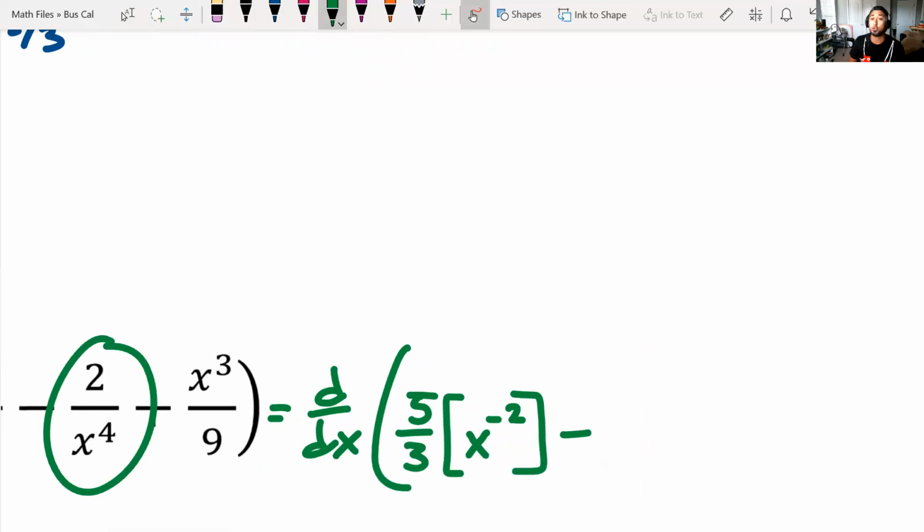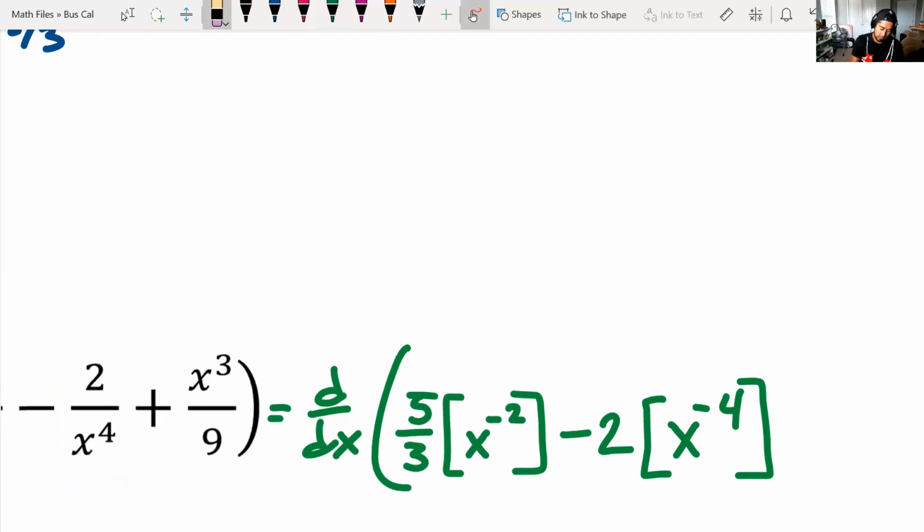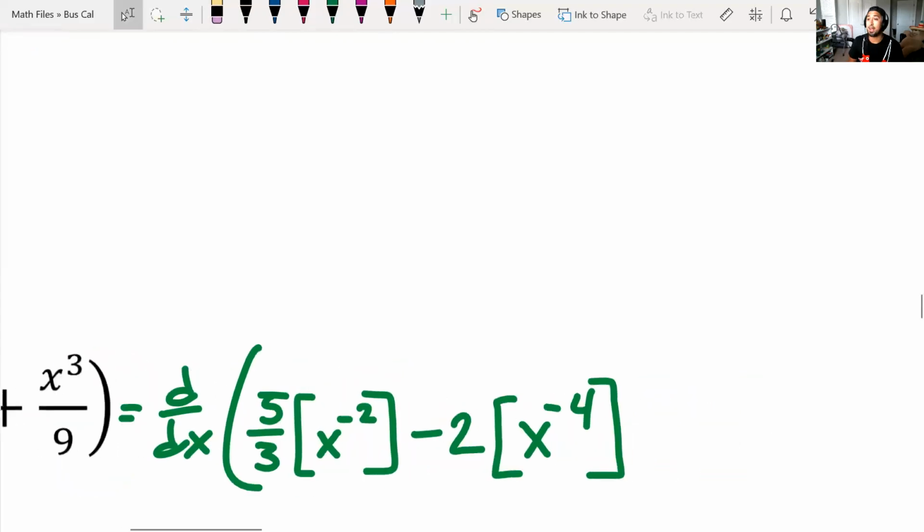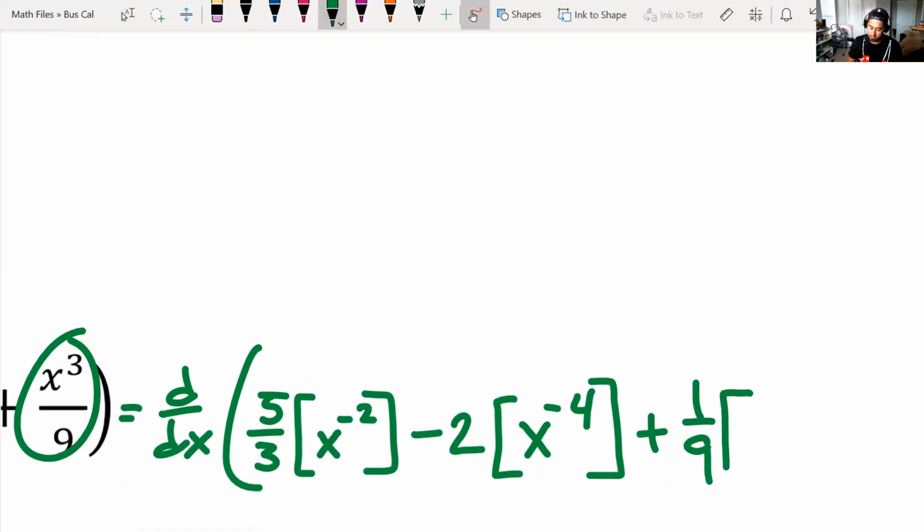Minus, and now we do 2 over x to the 4th. That becomes 2 out front times, take the x to the 4th, flip it up. And the last one is that x cubed over 9, which plus, take out that 1/9, and x cubed just sits right there.